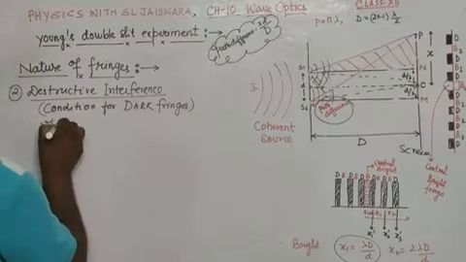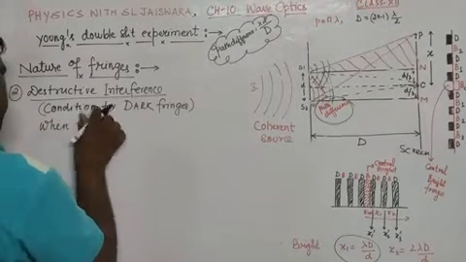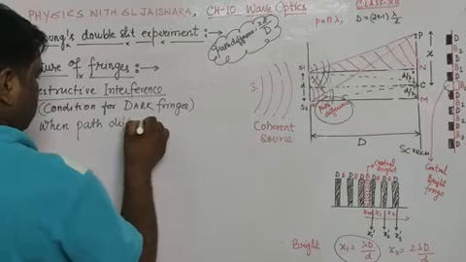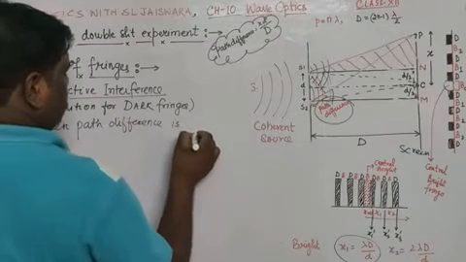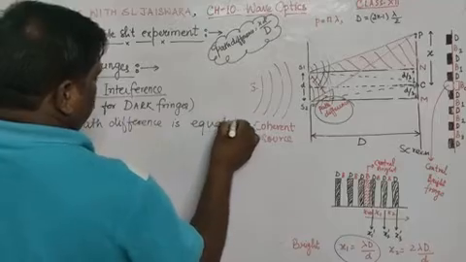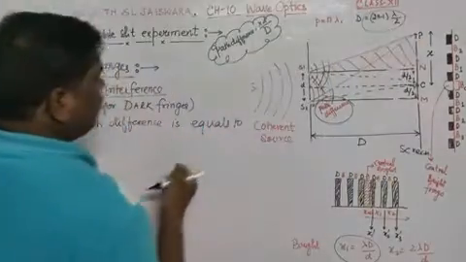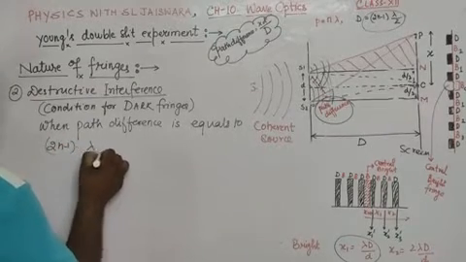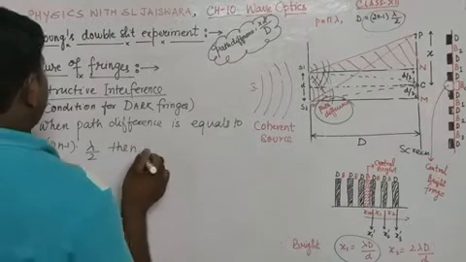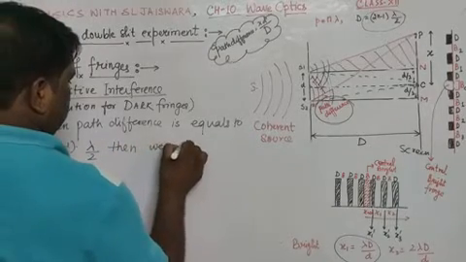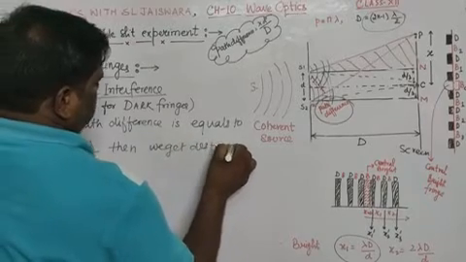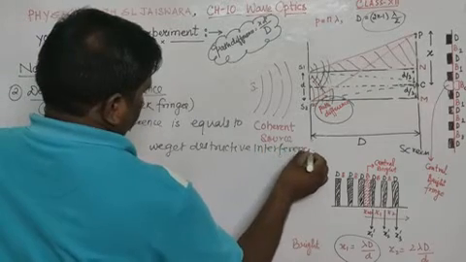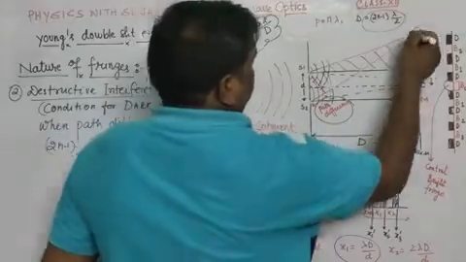When the path difference is equal to (2n minus 1) into lambda by 2, then we get destructive interference at this point.